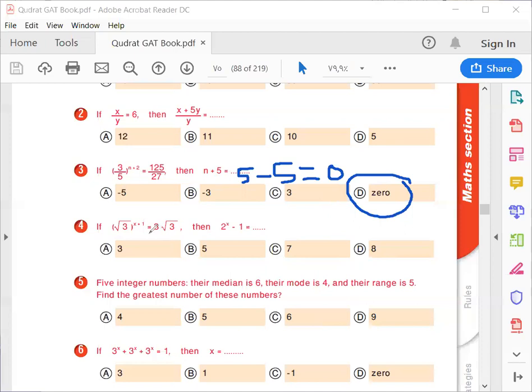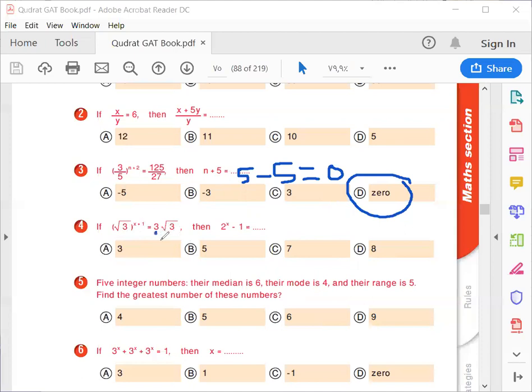Here I put 3 square root of 3. Also I want it the same because I have 3 here. Maybe you can write (square root of 3) to the power x plus 1 equals 3 square root of 3.